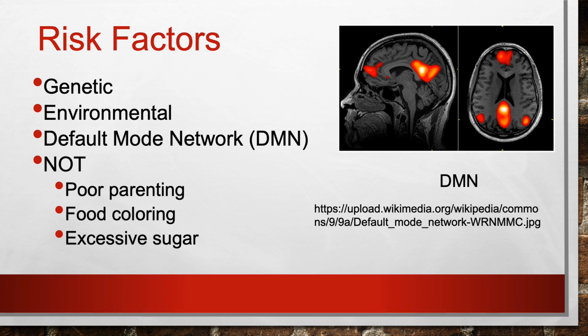ADHD has a strong genetic component. It is inherited in an estimated 74% of patients. So, individuals with a sibling or a parent with ADHD have 2 to 8 times the increased risk of having the condition. Environmental factors are also thought to contribute to ADHD, such as maternal smoking, exposure to lead, and in utero exposure to alcohol and illicit drugs.